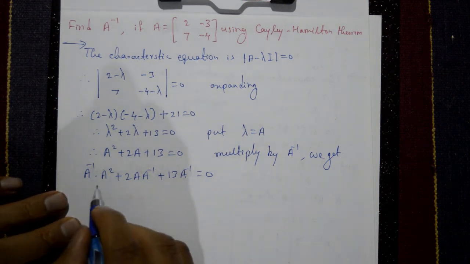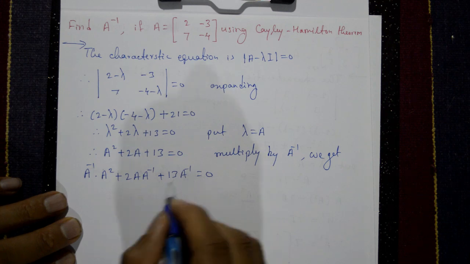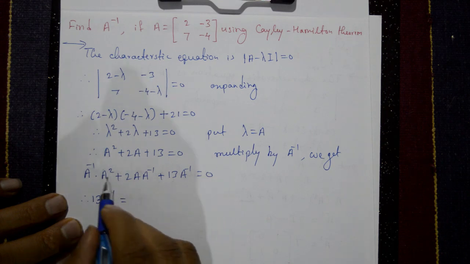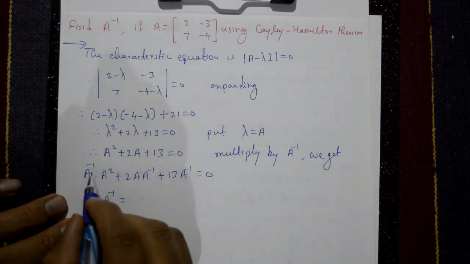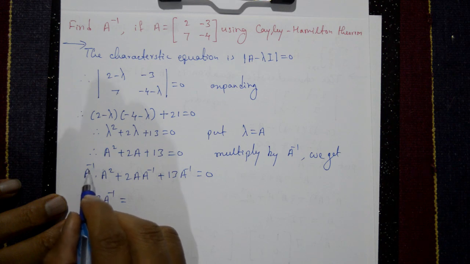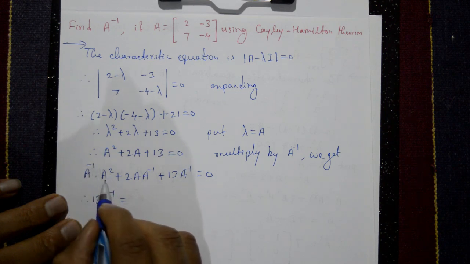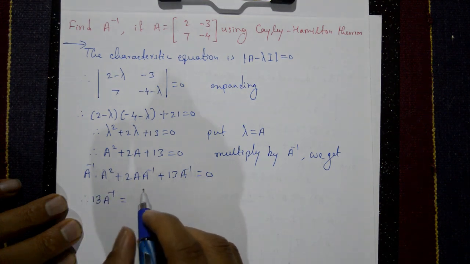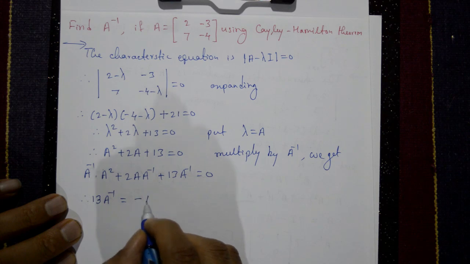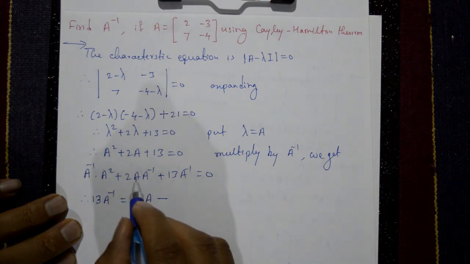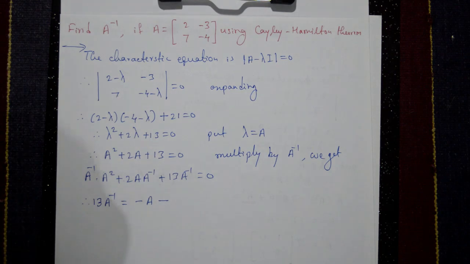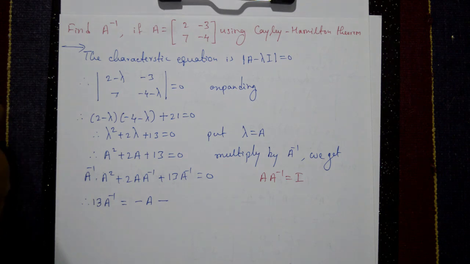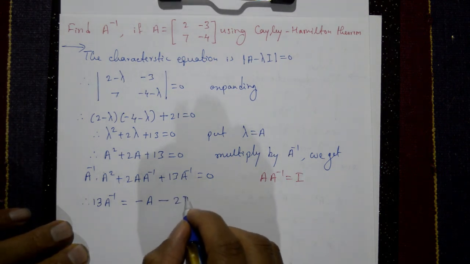Okay, now we require the inverse of A. Therefore 13 A inverse is equal to: these two terms shift to the right-hand side. First, A raised to minus 1 into A square gives A only, shifted to the right-hand side as minus A. And A into inverse of A is I, shifted to the right-hand side as minus 2I.